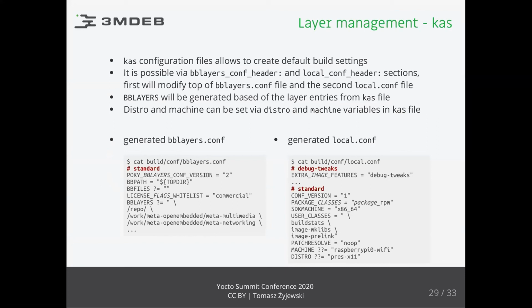The same is the case for the local.conf file, but this time it will be the variable named local_conf_header. So if under local_conf_header in the Kas configuration file we set, for example, EXTRA_IMAGE_FEATURES, after running it, it will be copied into the build/conf/local.conf file.